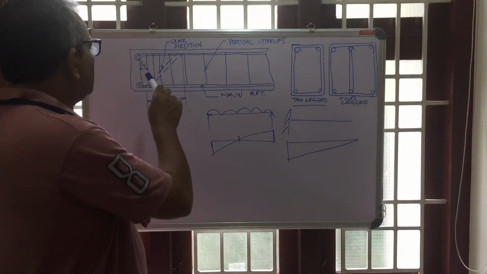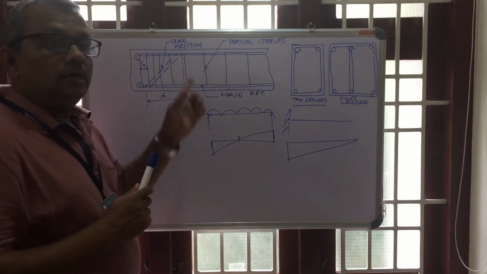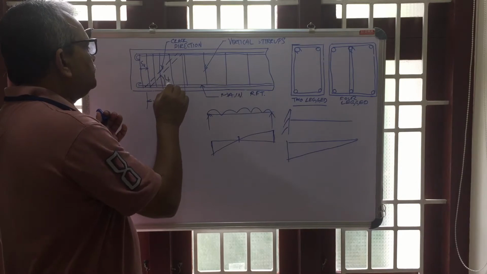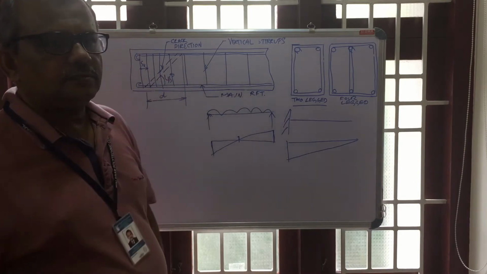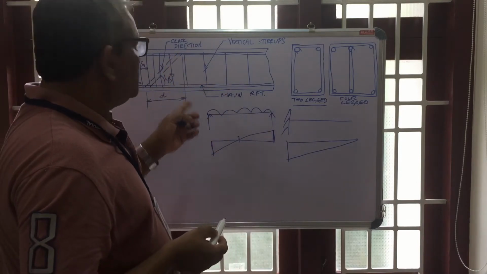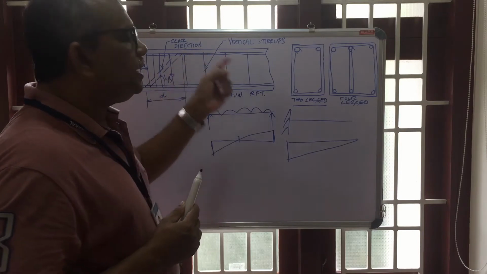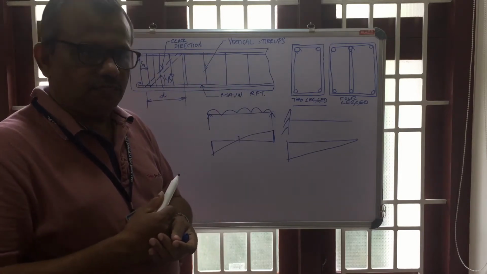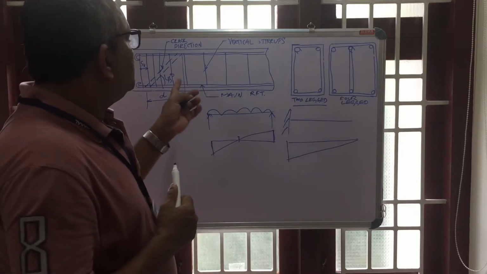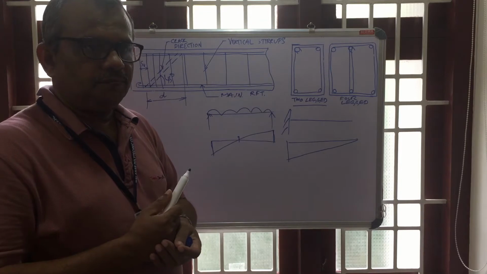Usually the diagonal tension will occur at the support or near the support, to the top at an angle of 45 degrees, right? So the shear reinforcements are to be designed to prevent these diagonal cracks developed due to the shear stresses. It's okay.